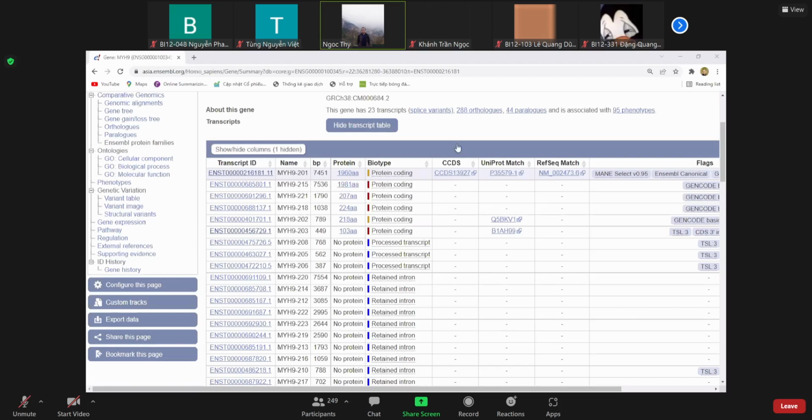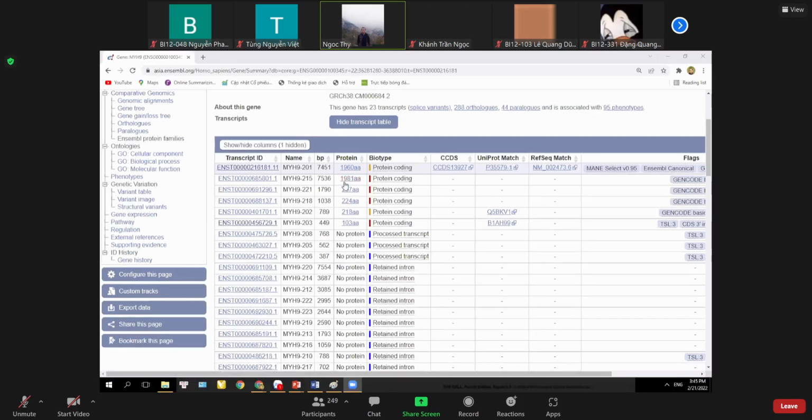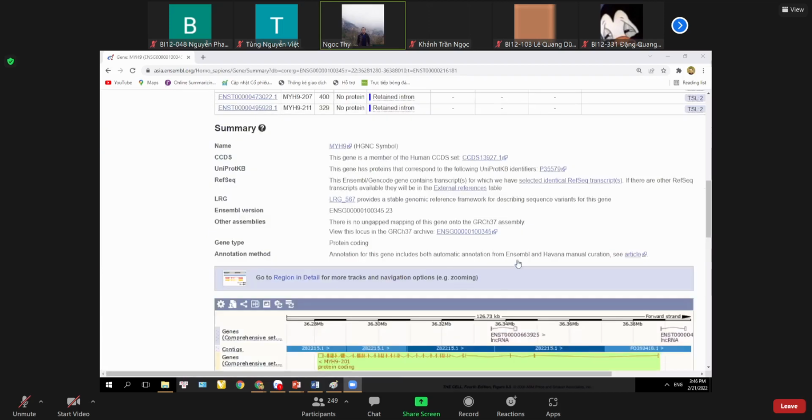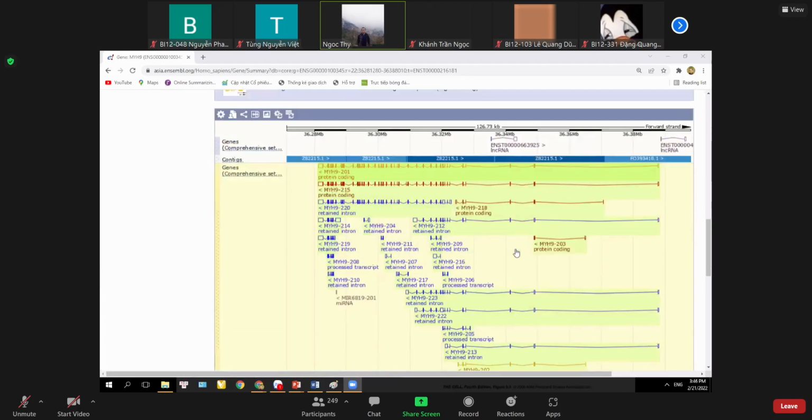It encodes a very big protein, 1981 amino acids. Meanwhile, the smallest variant codes for only 103 amino acids. So you can see in the table the relative size of the proteins here.